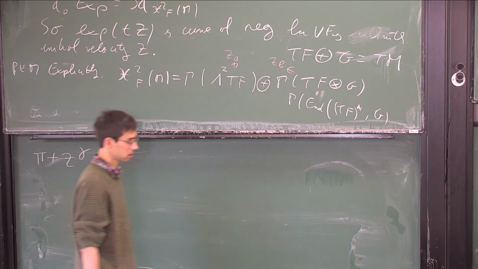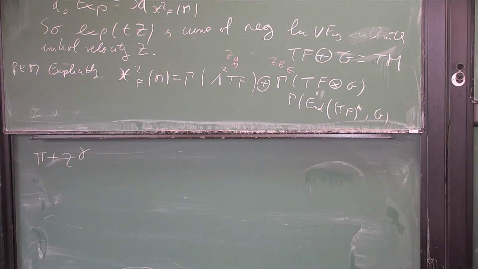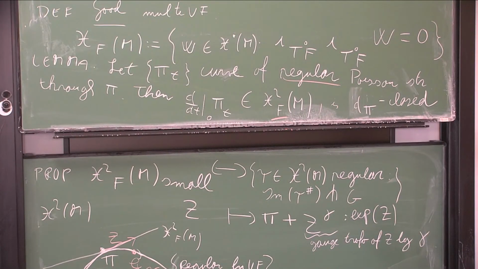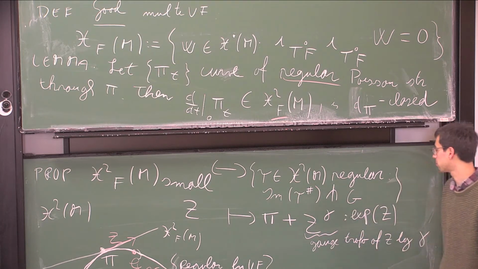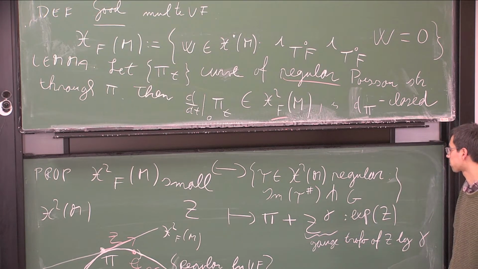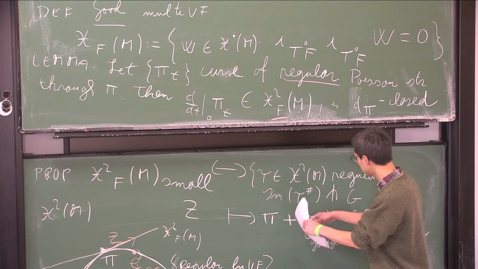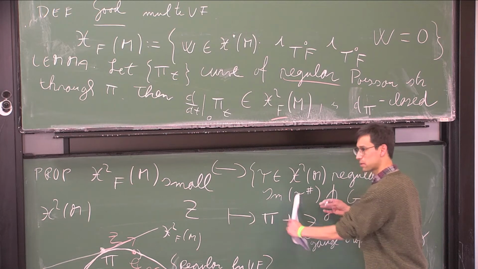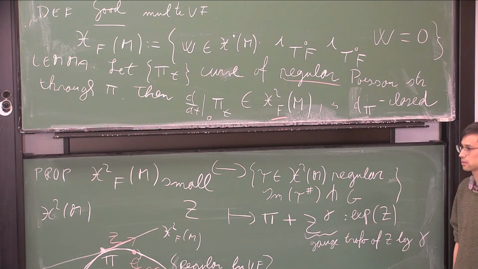No, it's really, if I put a t in front of Z and take the derivative? No, it's really easy. I cannot do the computation in my head, but it's not the gamma. Well, one has to see what happens if you take tZ and then apply the gauge transformation. I see.